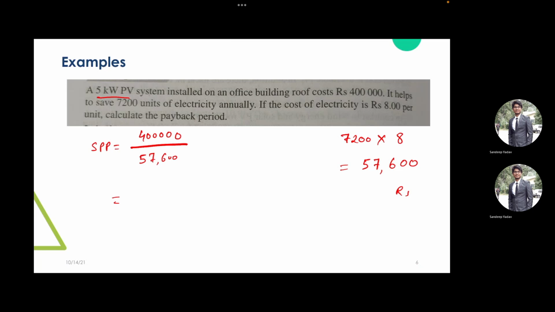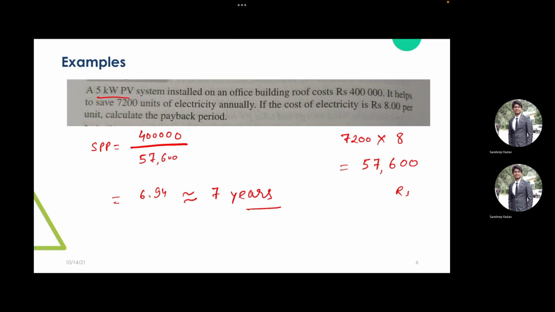So 4 lakhs divided by 57,600 comes to around 6.94. We can approximately say the payback period will be 7 years.